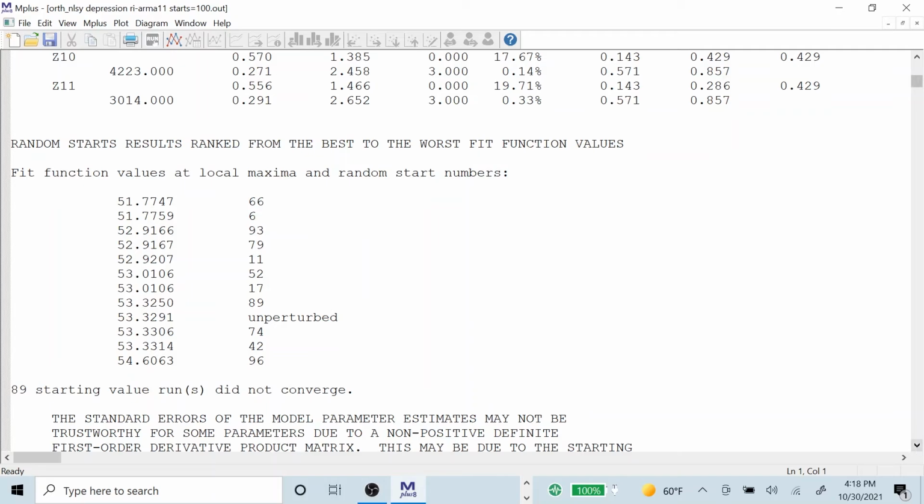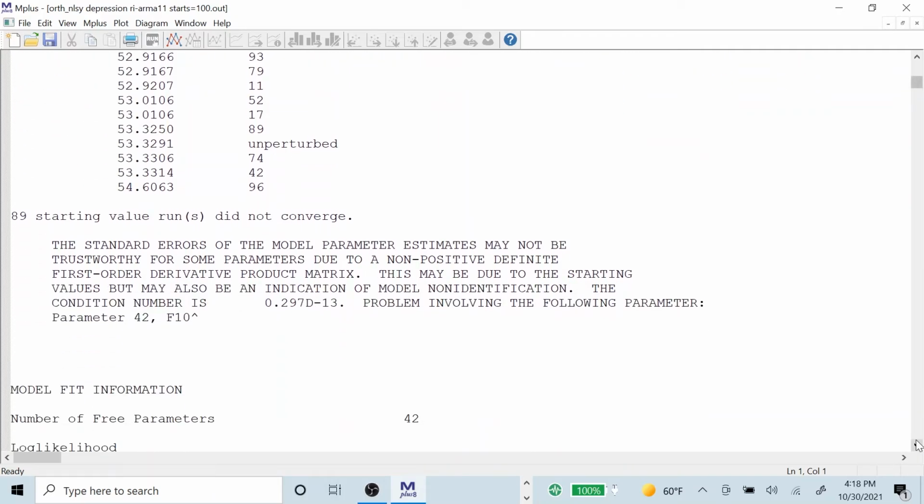But anyway, the best solution is replicated, but we get this message. Standard errors are not trustworthy due to non-positive definite first-order derivative matrix. And that's the matrix that's used for standard errors when you use the so-called MLF estimator.